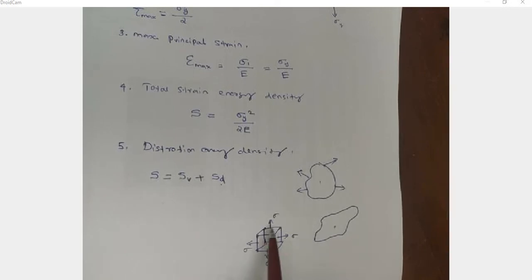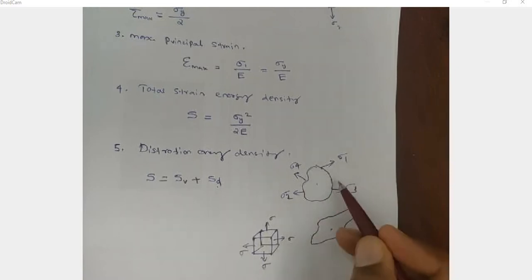That means there is no change in the shape of this body because everywhere the stress is the same. There is no stretching or contraction, but there will be a volume change. This type of strain is called volumetric strain.